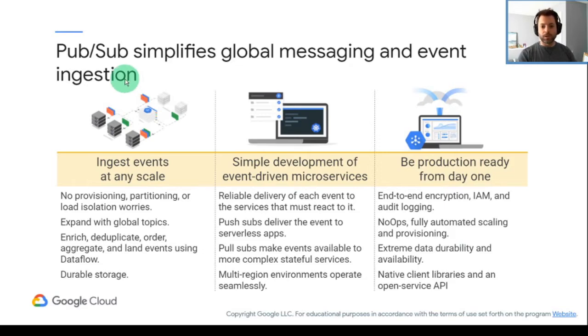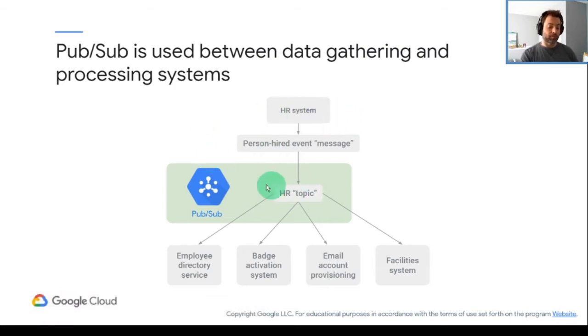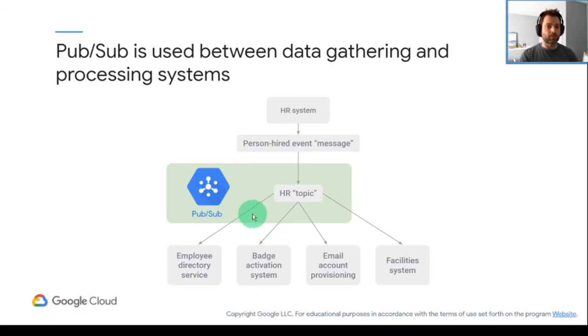So what we have going on here, let's say that we have a human resources system. This is not a device-based ecosystem. This could be a set of microservices. It could be services, Compute Engine instances, App Engine, whatever we're using here. We have things that need this data. In this particular example, we're going to hire a new employee.